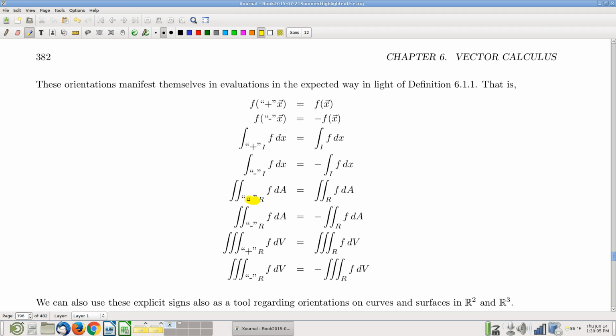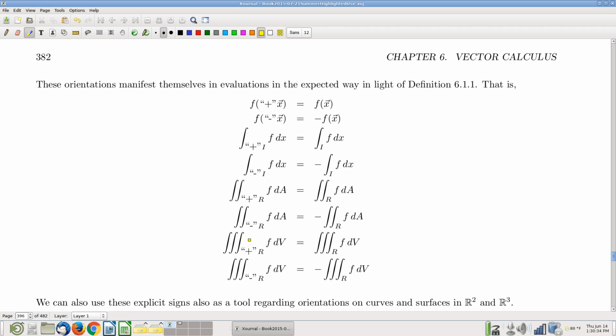Okay, what is a positively oriented region in a double integral? Same deal. Positively oriented just means compute the double integral and then multiply by positive 1. A negatively oriented two-dimensional region just means that when you do an integral over that region, you multiply by minus 1 after you do the integral.